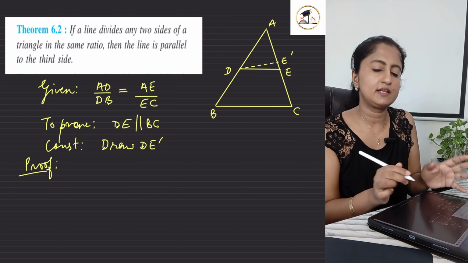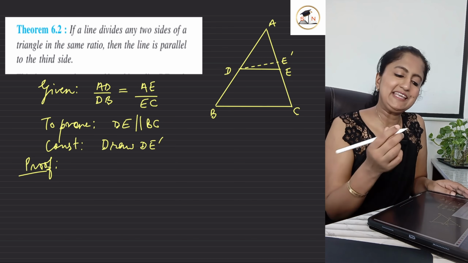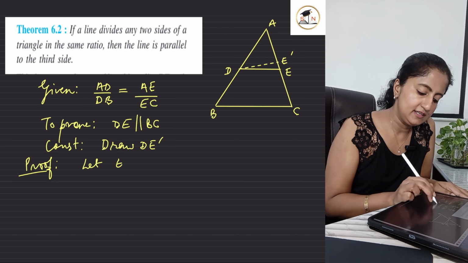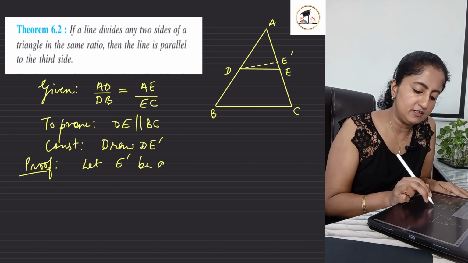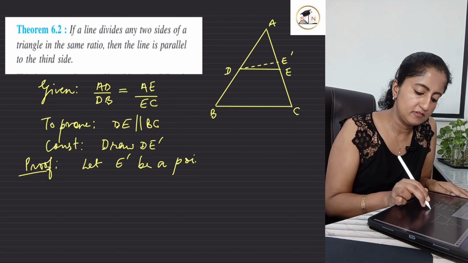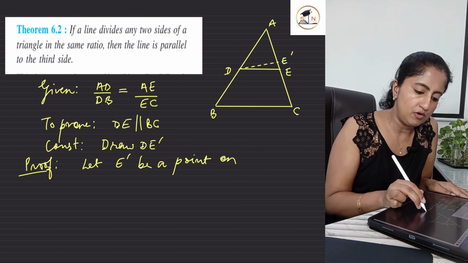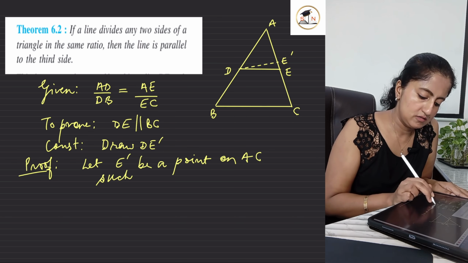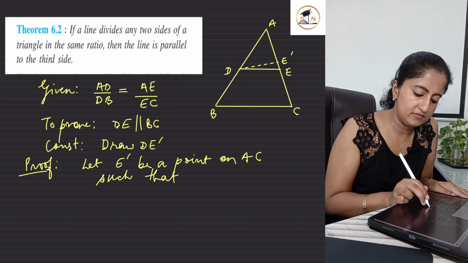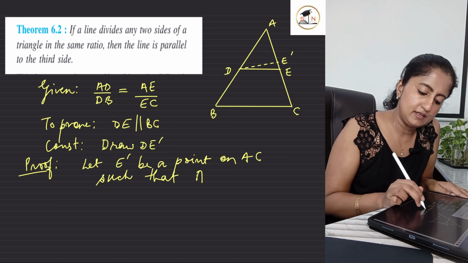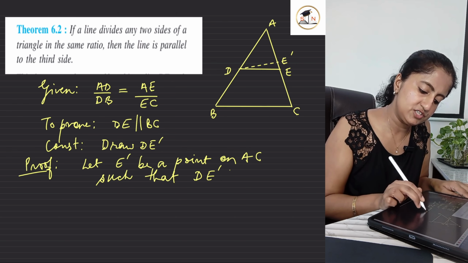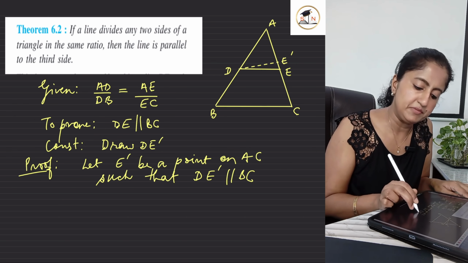Okay. What is there in the proof, first of all? What is E dash? We will take, let E dash be a point on AC such that DE dash is parallel to BC.